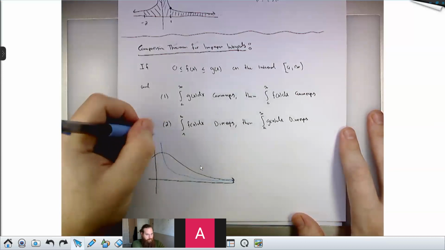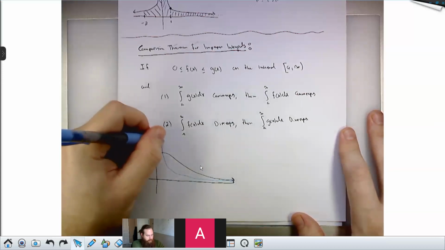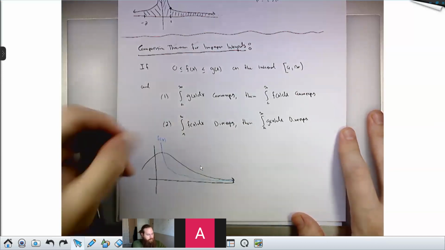So maybe here, the blue is f of x, and the black is g of x.